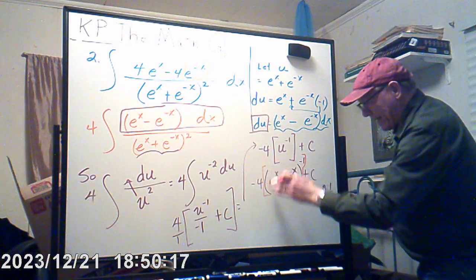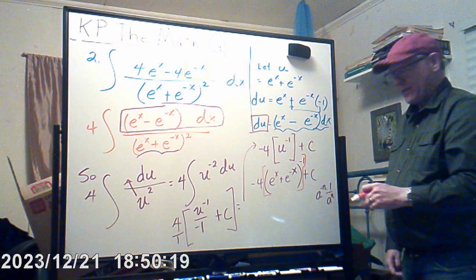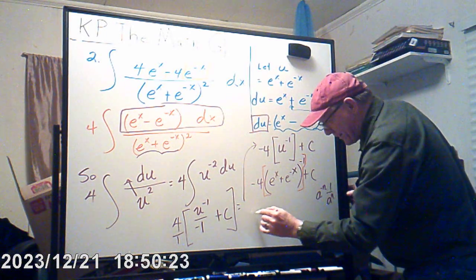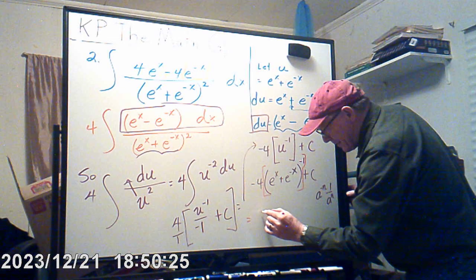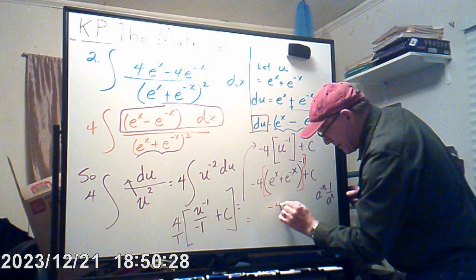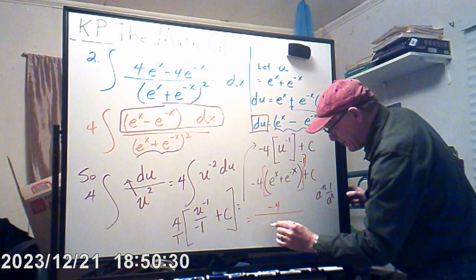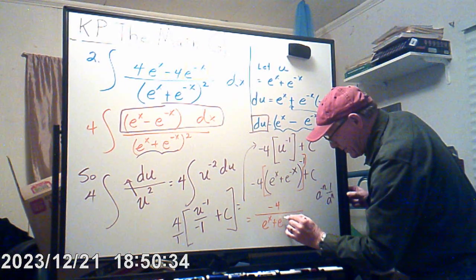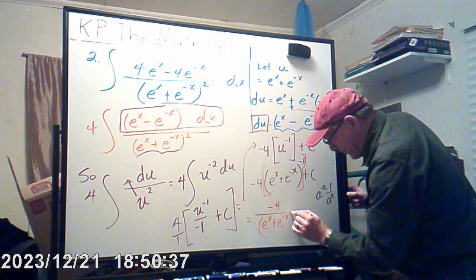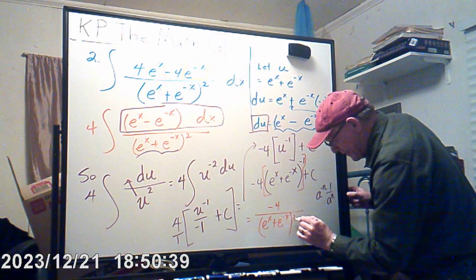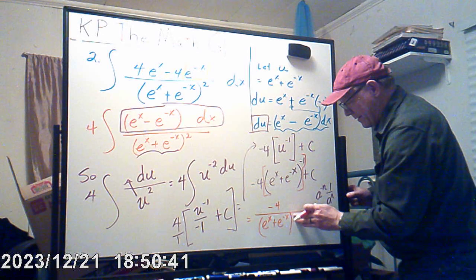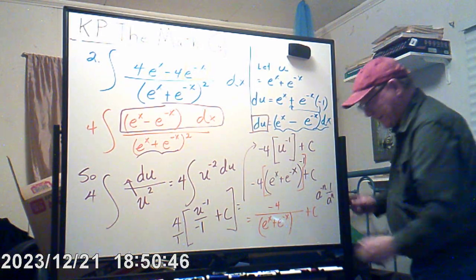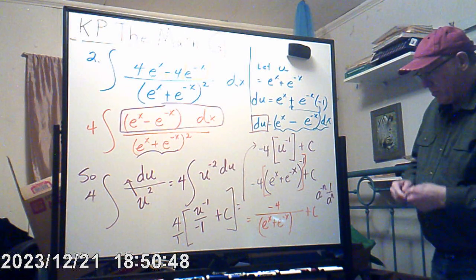This whole thing is raised to the negative exponent. So I'm going to leave my negative 4 up here. So this is equal to negative 4 over e to the x plus e to the negative x. Now that's raised to the positive 1, I don't need that though, do I? Okay, and then now plus c. And there it is.